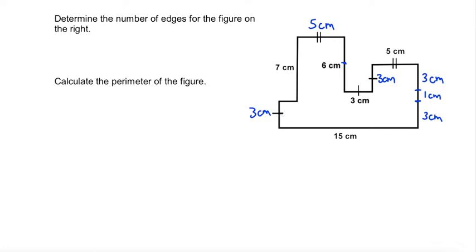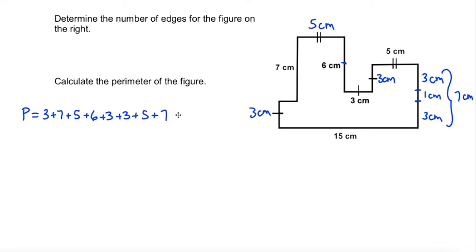So now we just need to add up all of the sides. So I'm going to start with my left-hand side. So 3 plus 7 plus 5 plus 6 plus 3 plus 3 plus 5 plus this entire length right here is 7.